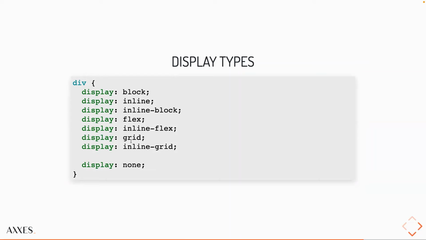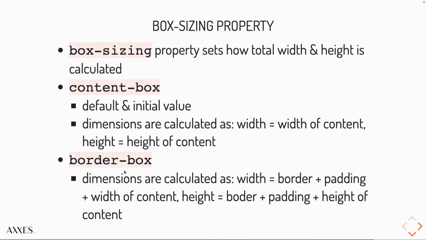Flex and grid was a workshop I gave 2 weeks ago. I will touch on this very briefly today because those are modern solutions for modern times. And then the display model. Here, the box sizing. This will make it a bit clearer.